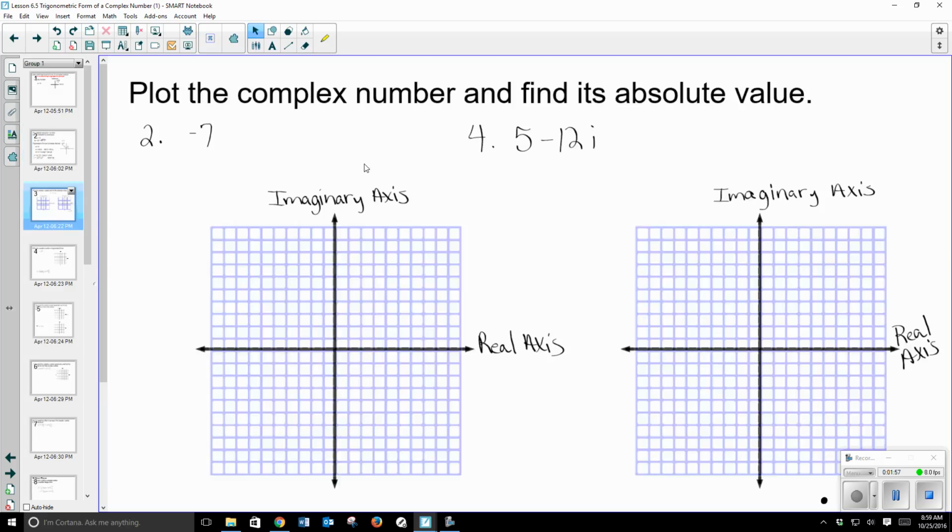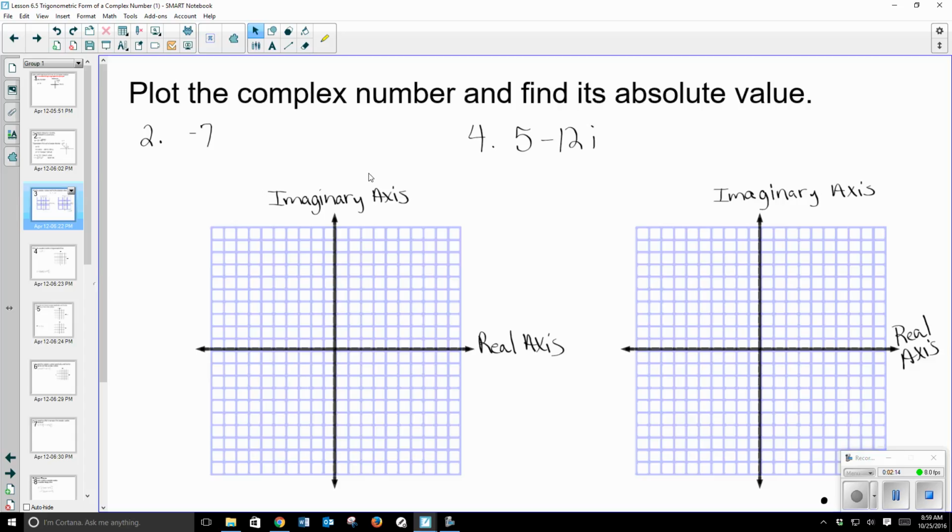Plot the complex number and find its absolute value. Any number can be a complex number. You have your real part and your imaginary part. If you want to write -7 as a complex number, it would be -7 plus 0i. So we really don't have an imaginary part.